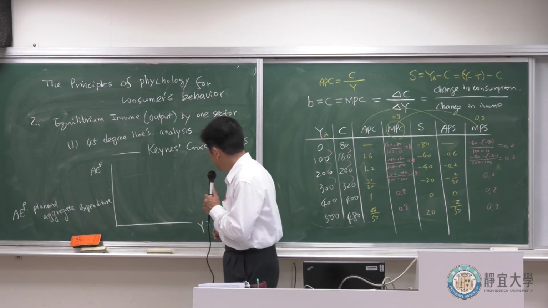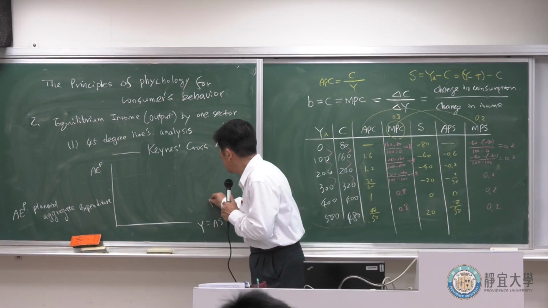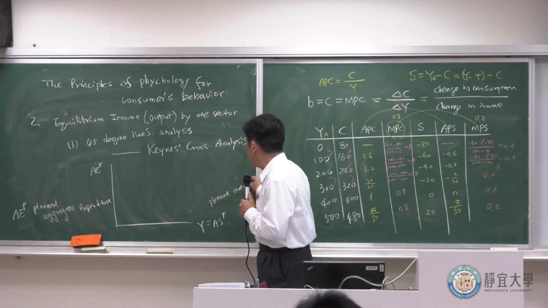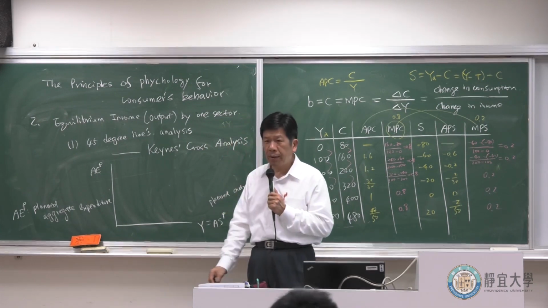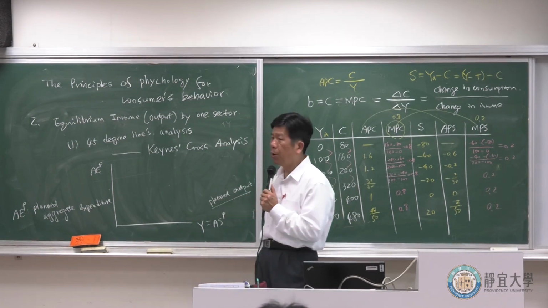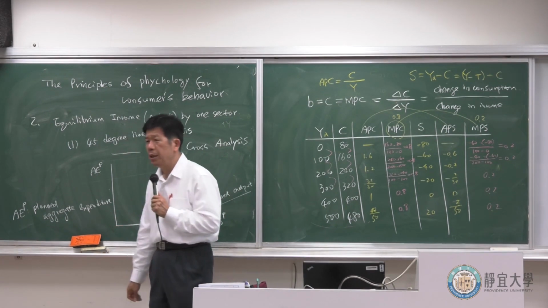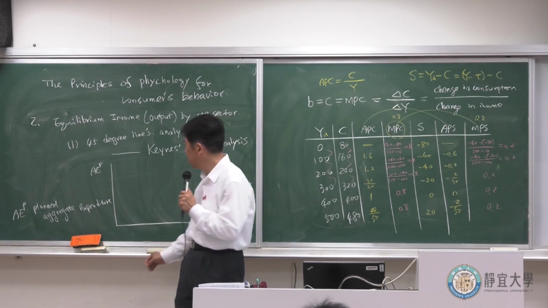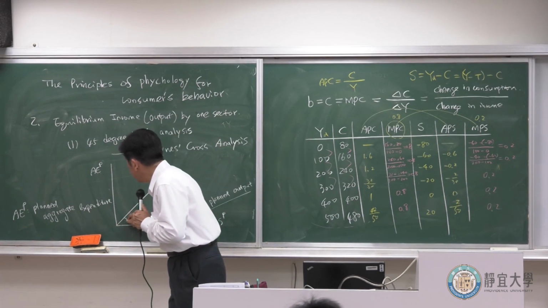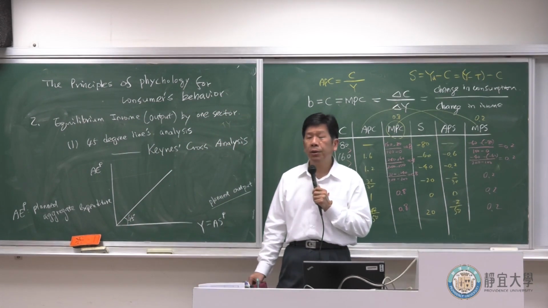And here you can see Y is the planning output. This represents planning output or planning supply. So from the initial point 0, we can draw this line. This line is 45 degrees.